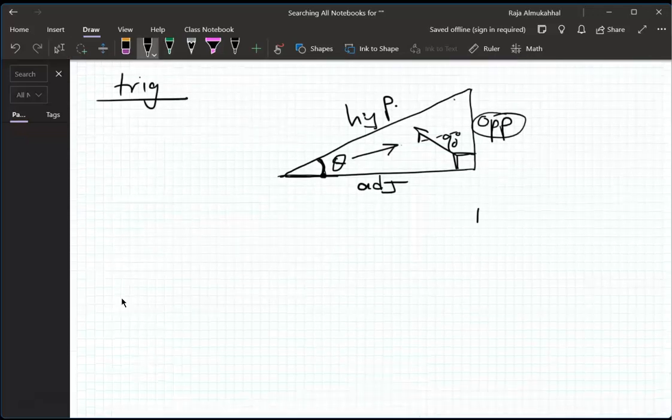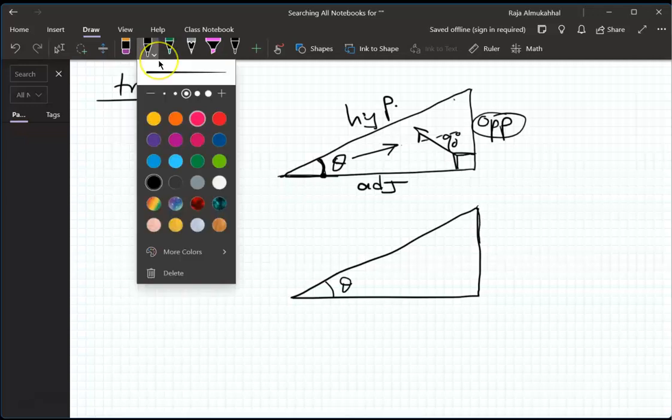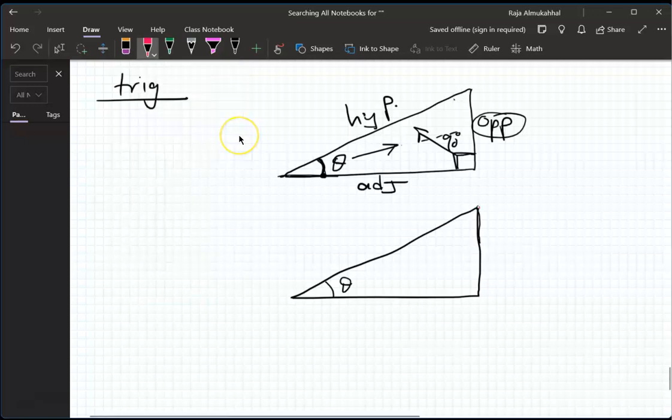Another way of writing them, in physics, we don't say opposite and adjacent and hypotenuse. We basically say x, y, and the resultant vector. Okay, so let's say this is the angle theta. Since this leg right here, let me use a different color, is vertical, we call it y.